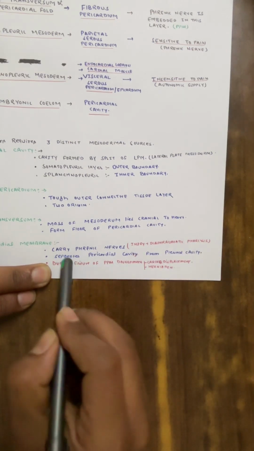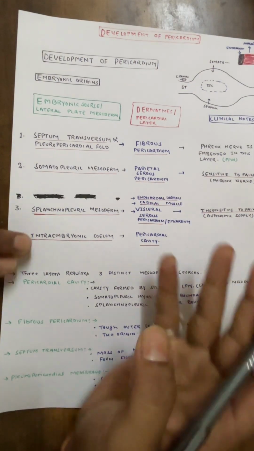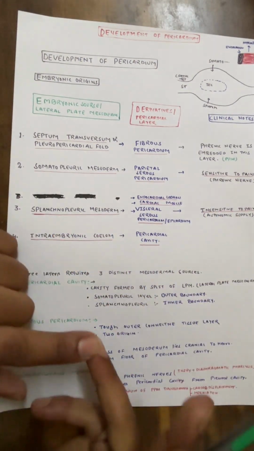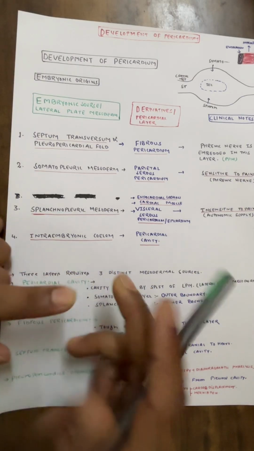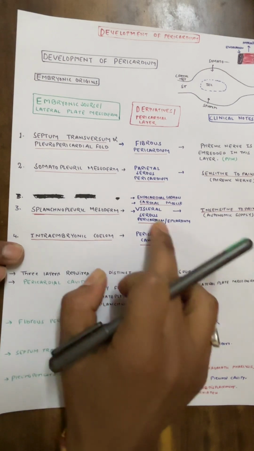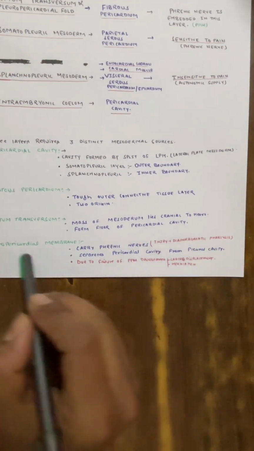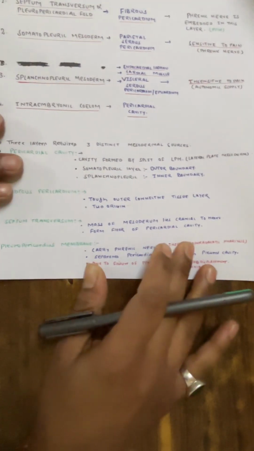Now it separates the pericardial cavity from the pleural cavity, because the intraembryonic coelom forms the pericardial cavity, then the pleural cavity, then the peritoneal cavity. All three main cavities are formed from this coelom. So the pericardial cavity and the pleural cavity get separated by this pleuropericardial membrane.